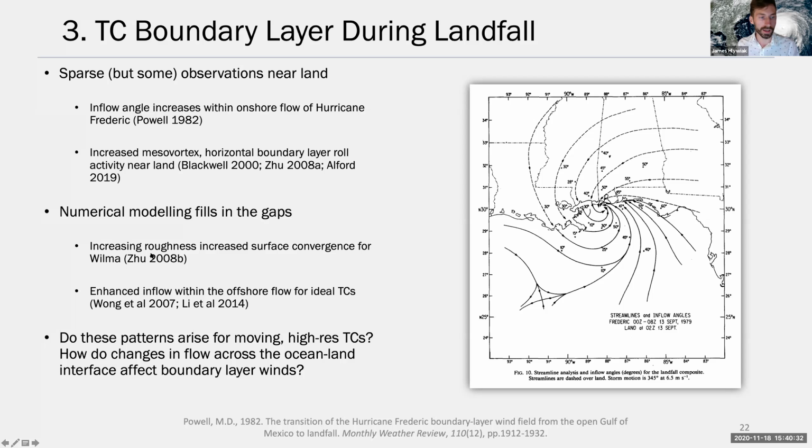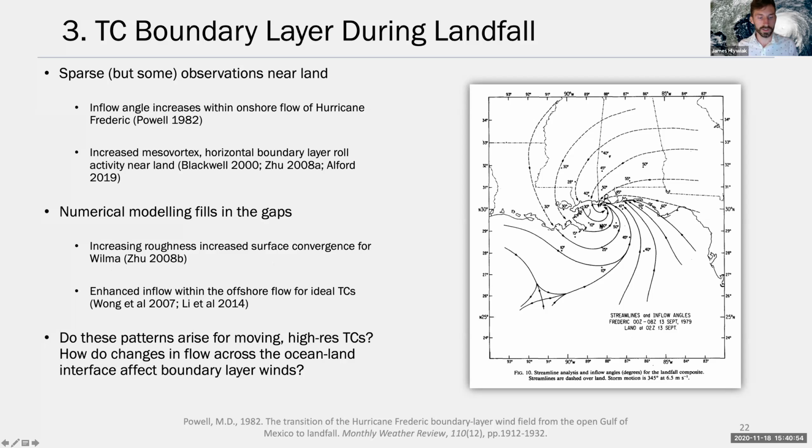One paper found that increasing the roughness increased surface convergence ahead of Hurricane Wilma. Other idealized studies have also found this enhanced inflow region within both the offshore flow and a little bit within the onshore flow, similar to what Powell found was observed for Hurricane Frederick.